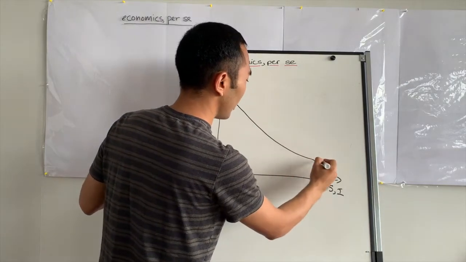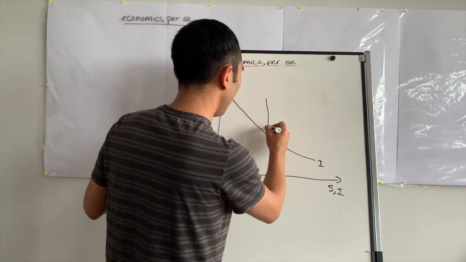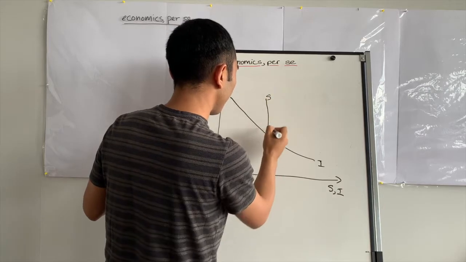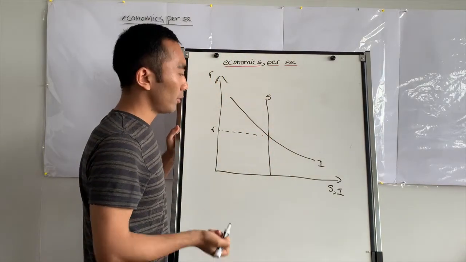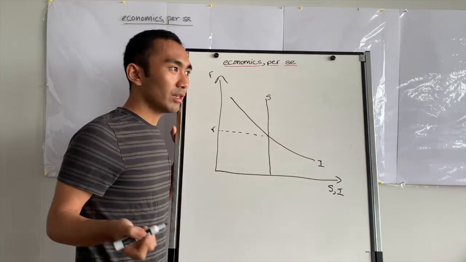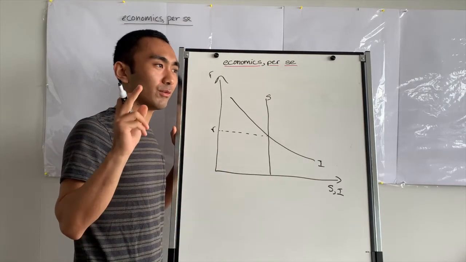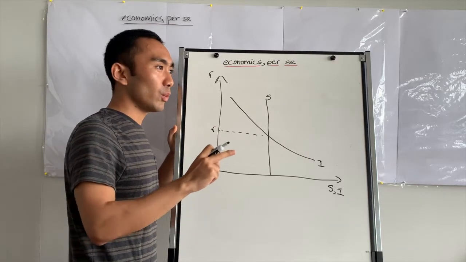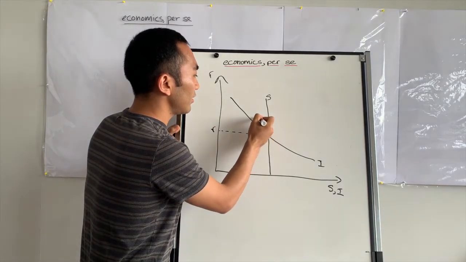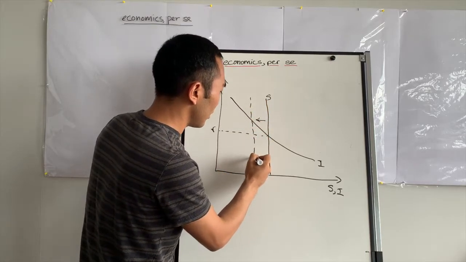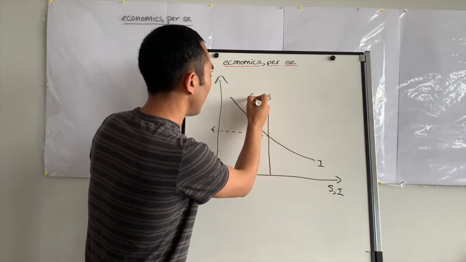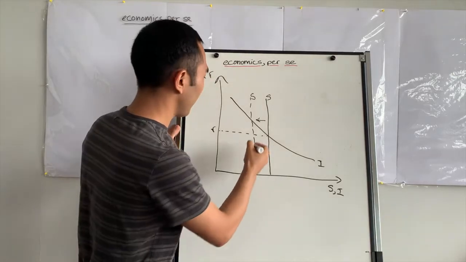So we have our investment right here, and this is our savings, and this is our equilibrium interest rate. But when national savings falls because of the increased government taxes, which decreased public savings, our savings falls.